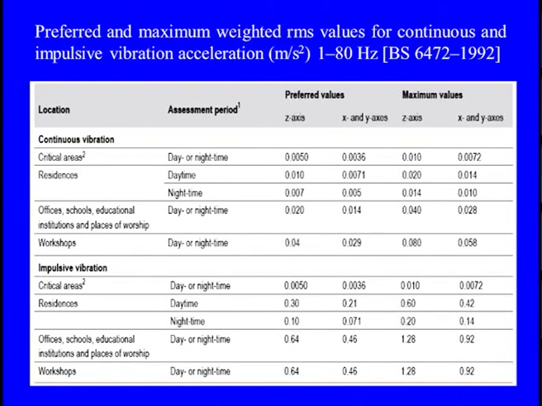The preferred and maximum weighted RMS value, the root mean square value of the continuous and impulsive vibration acceleration, simply signifies that this is a great amplitude of vibration. And through that, the oscillation, or whatever amount of displacement or acceleration there is, is very significant.